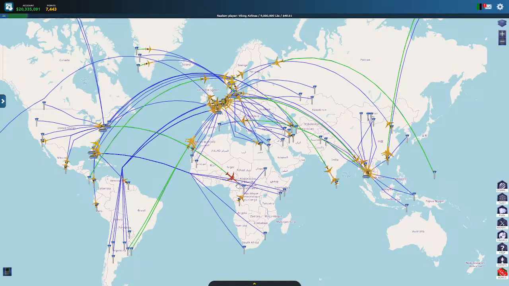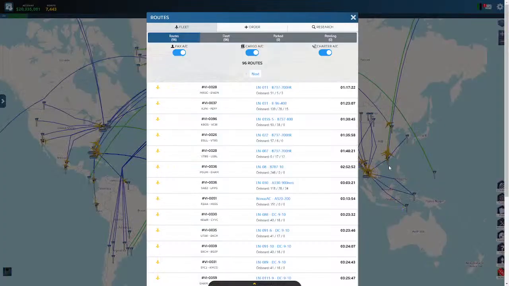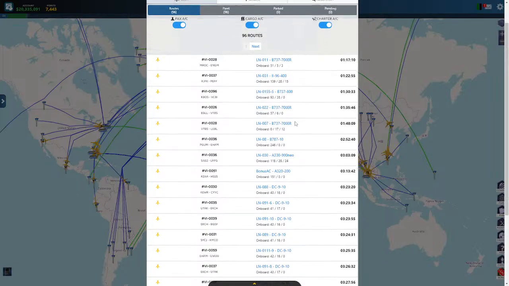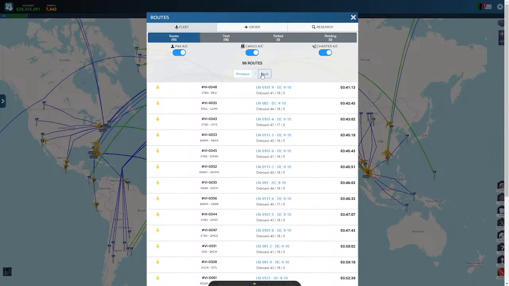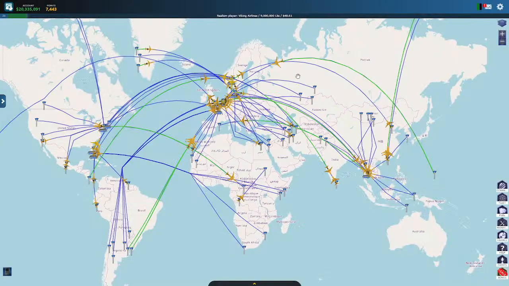And usually on this plane here, this is the B, what is it called again? The 737-800, I think. Yeah, 737-800.